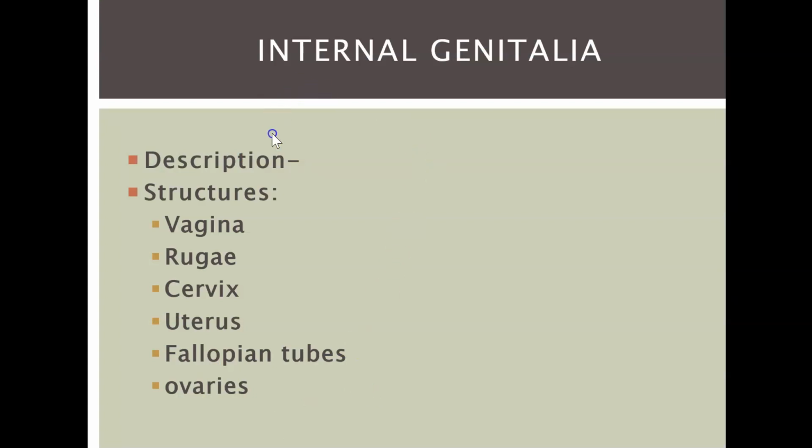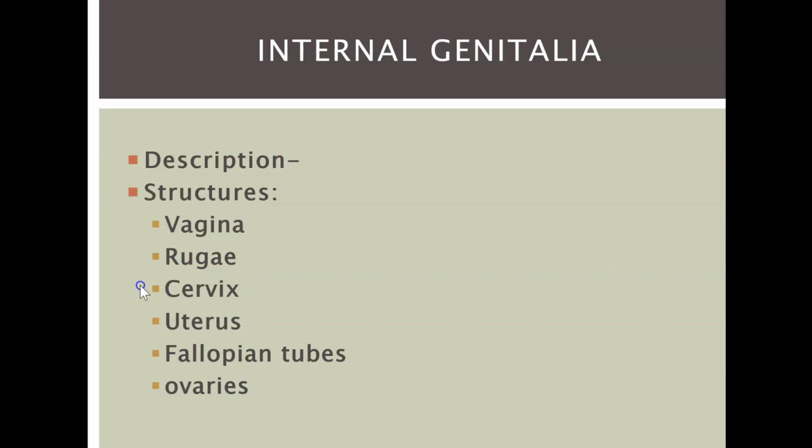Okay, so then you have, and it's very important, like I said, for you guys to understand the internal genitalia as well. The internal genitalia is the vagina. The vagina is the canal or the orifice. You have the rugae, which is the area which allows the vagina to open up, especially during childbirth.